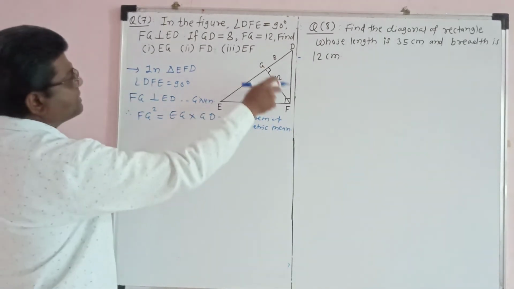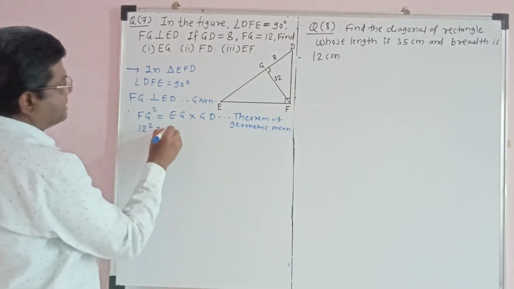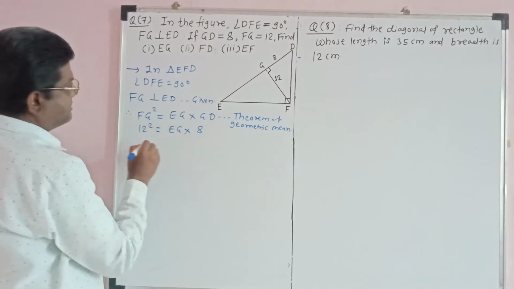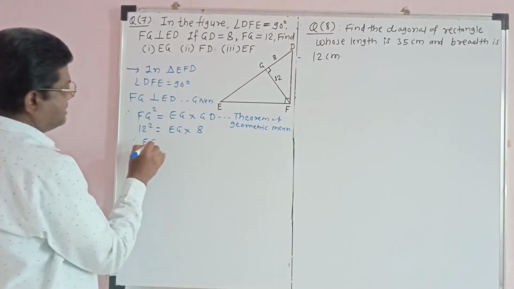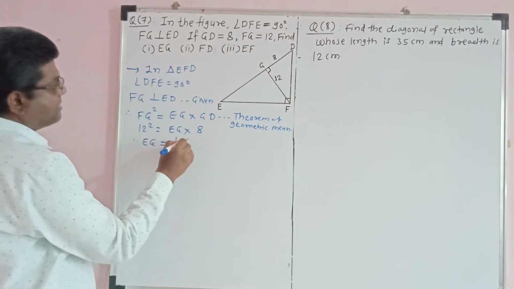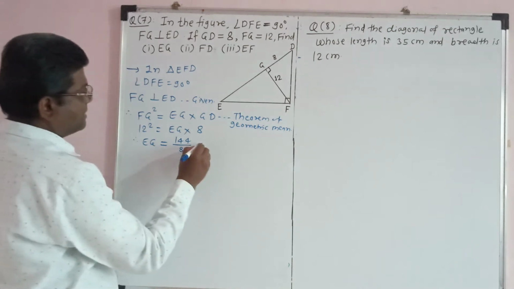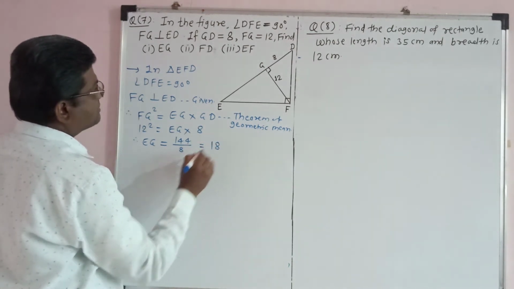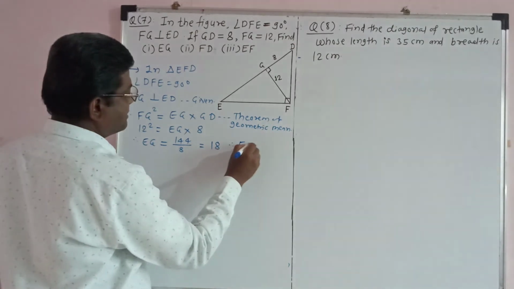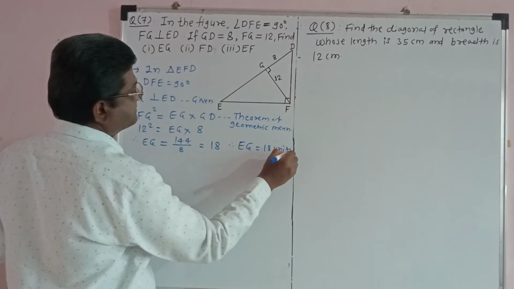Therefore, FG is 12. 12 square is equal to EG, which we have to find out, into GD, which is 8. From this, EG is equal to 12 square, which is 144, divided by 8. It will be 18. Therefore, first answer, EG is equal to 18 units.